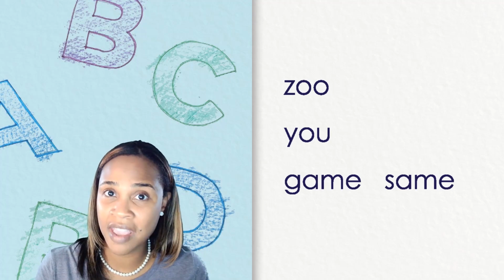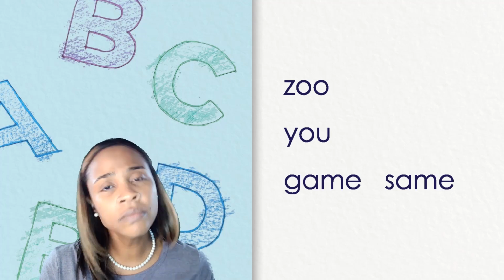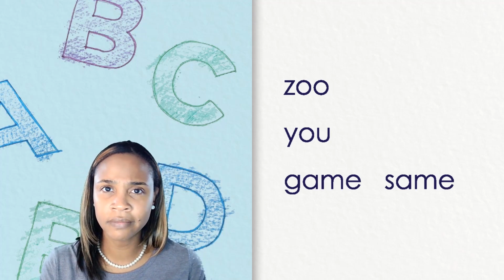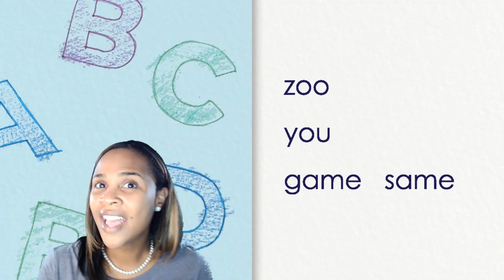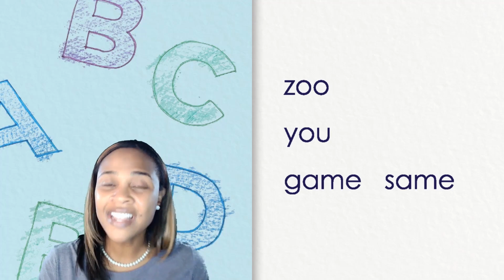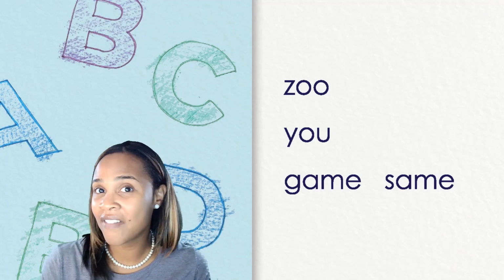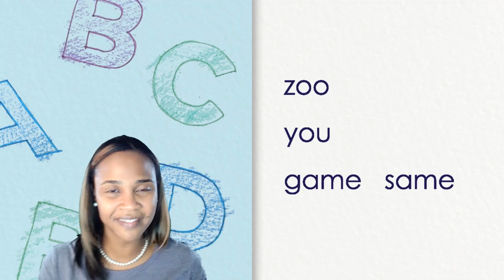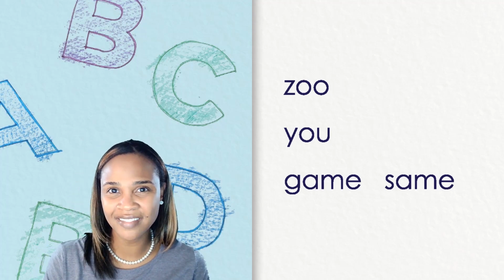They have the same ending sound. What is different about these words? They have a different beginning sound. Right, so they rhyme. They have the same ending sound, but a different beginning sound. Nice work.